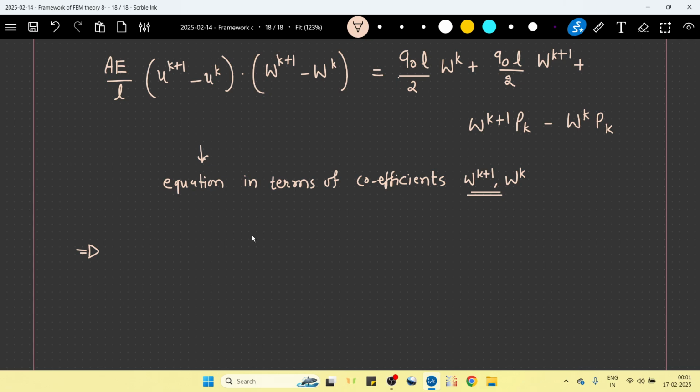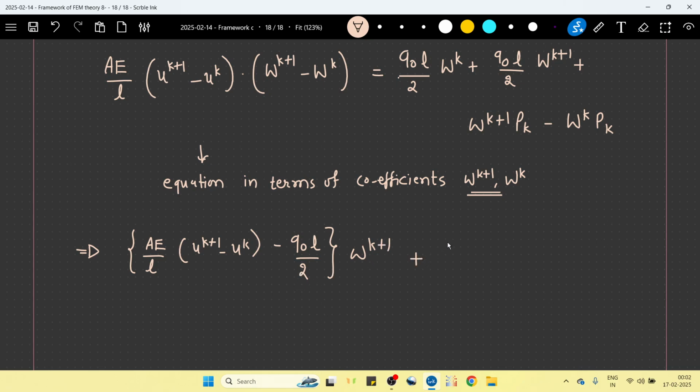The multiplier of WK plus 1 is AE by L, UK plus 1 minus UK, and Q0 L by 2 minus Q0 L by 2. So this is WK plus 1.